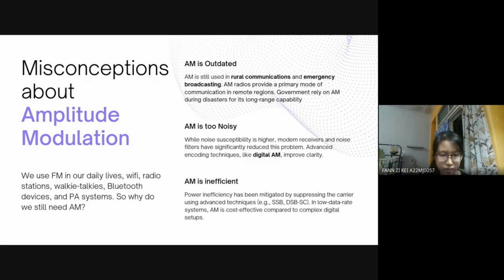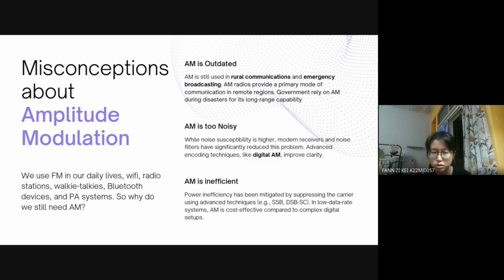This is because in rural communication, we need a signal that can transfer a long distance, and also when there is an emergency and the electricity is down, FM needs more energy to transfer, while AM radio can reach a bigger audience and transmit the important information that the government needs.